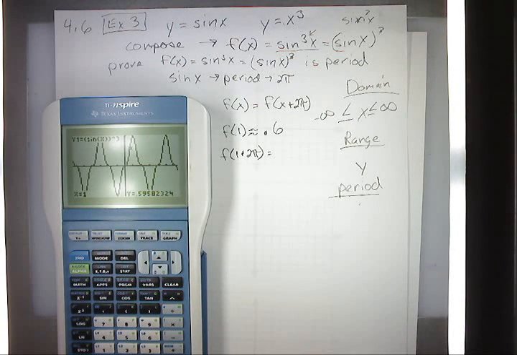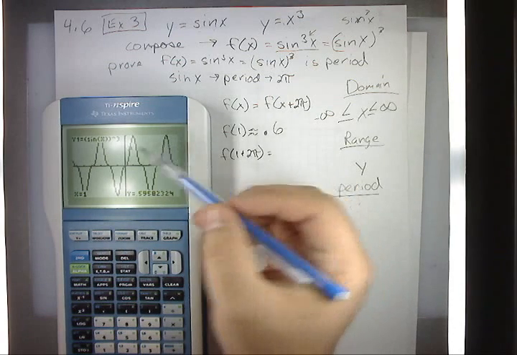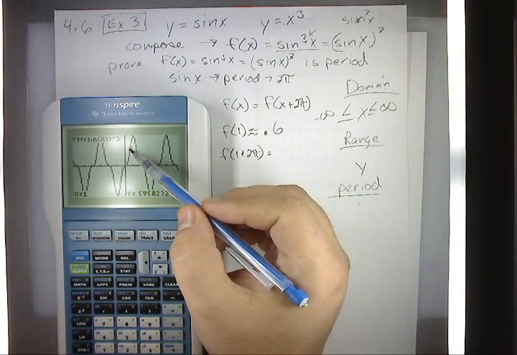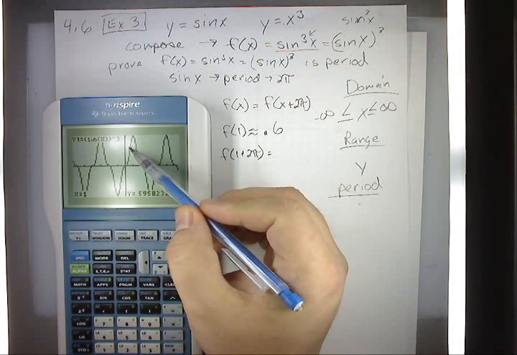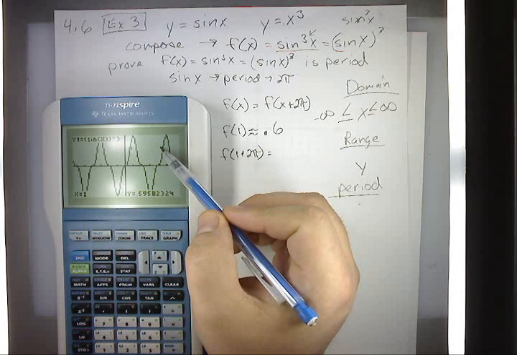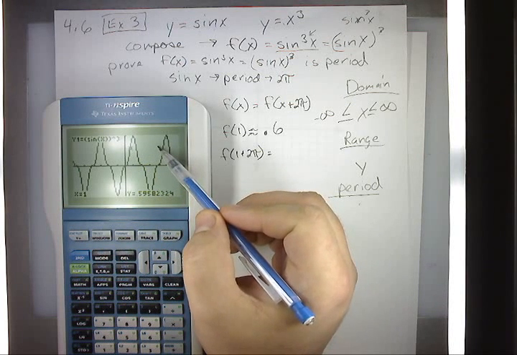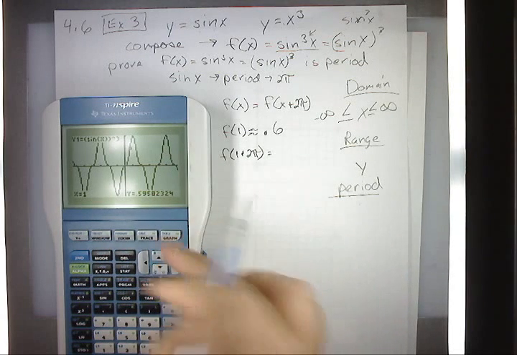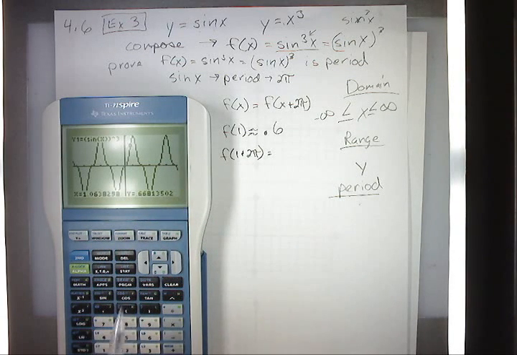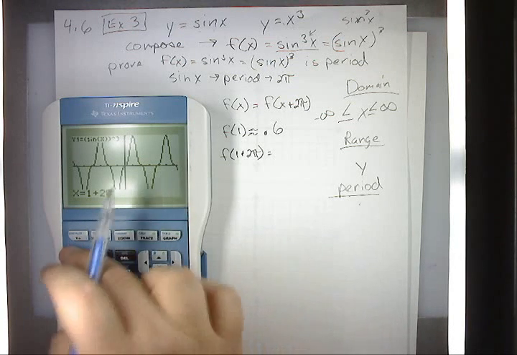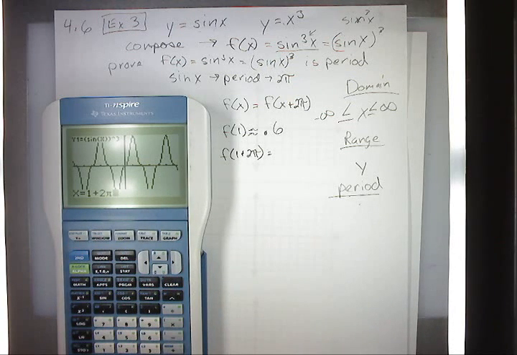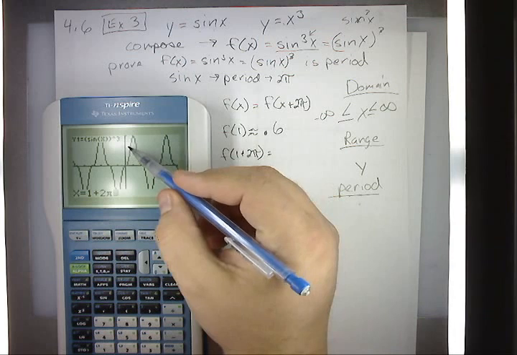If I shift from here in the x direction 2 pi units, approximately 6.28, I should end up at the same y value, one full wavelength or cycle. Let's try it: trace, x equals 1 plus 2 times pi, and hit enter. If it is periodic, I should go from here to here, one full wavelength, and have the same corresponding value.